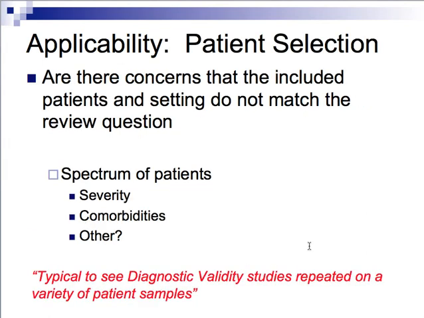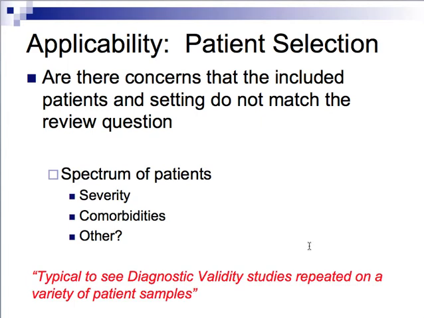So the first area is patient selection. Are there concerns that the included patients and setting do not match the review question? In other words, the review question here you could think of as your clinic situation. One of the things that's clear is that the spectrum of patients matters in terms of the success of diagnostic tests.